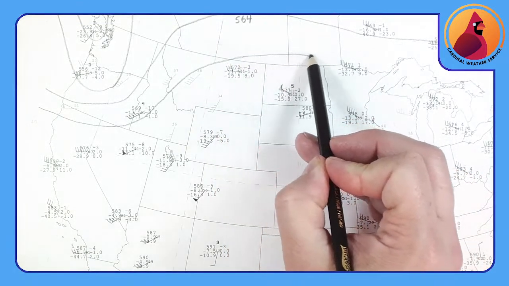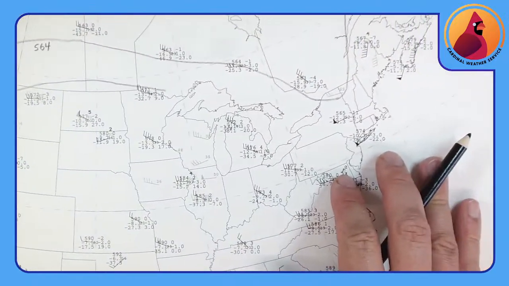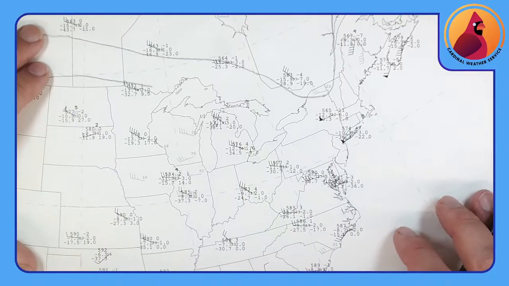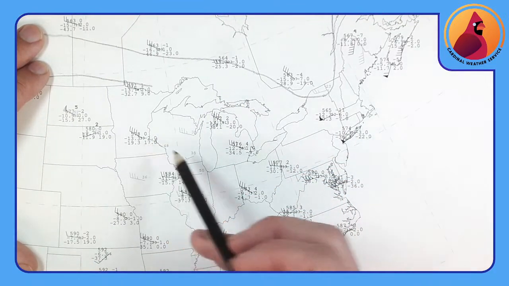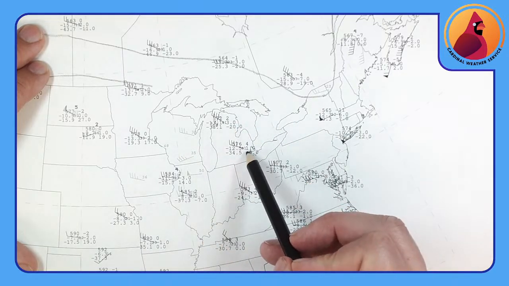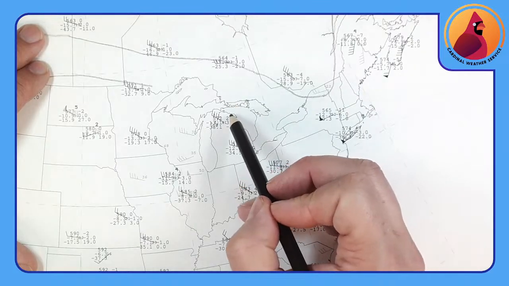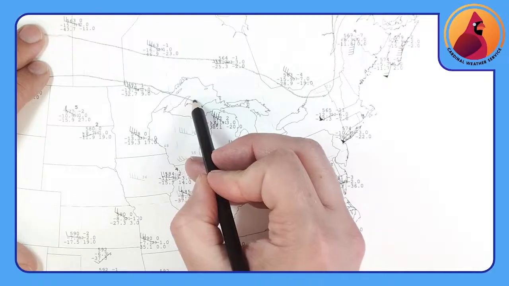Keep this going. And then we'll consider values over here. We've got 578, 572, 576. So it'll stay fairly close to this 572.